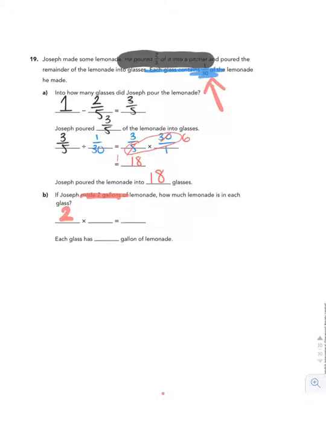We're going to do 2 times 1/30, which is going to give us 2/30, which is equal to 1/15. So it's saying how much lemonade is in each glass. Each glass has 1/15 of a gallon of lemonade.